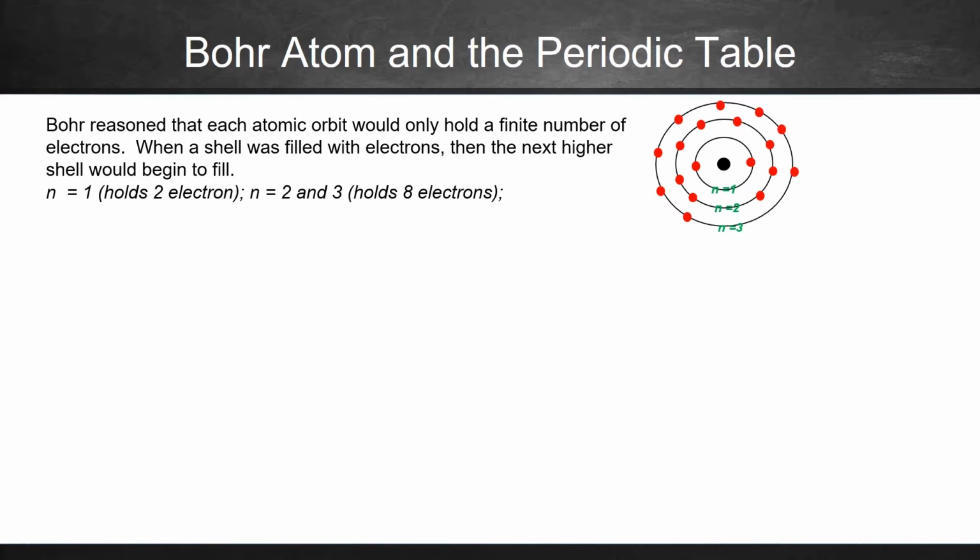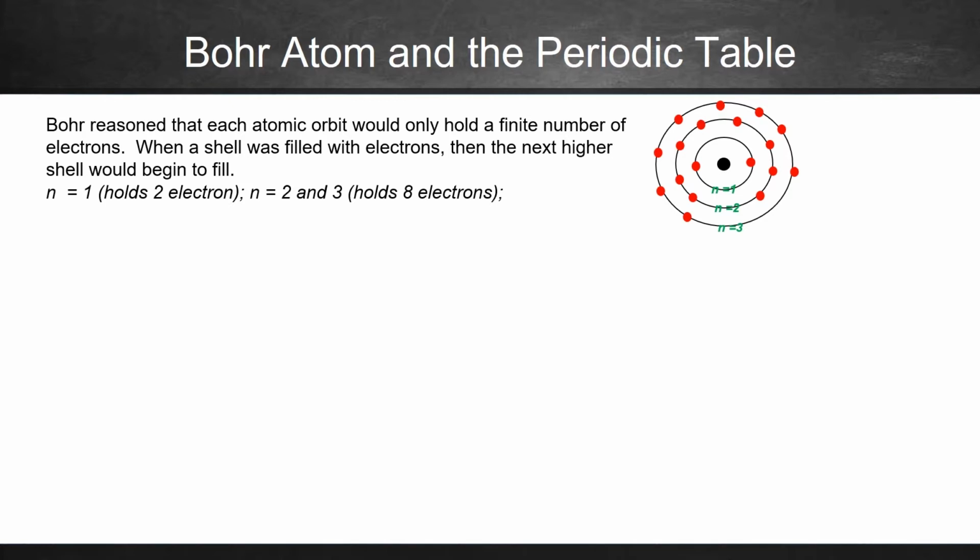Now, later versions of the theory would place 18 electrons in this n equals 3 level, and the order of the filling of orbits would change slightly. But for now, we're going to use Bohr's simpler idea about the filling of the shells and the order by which we fill them. So let's start filling the shells with some electrons.